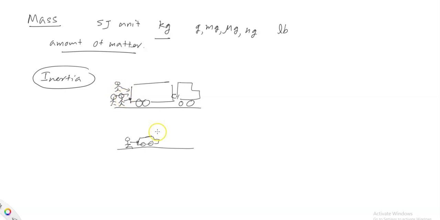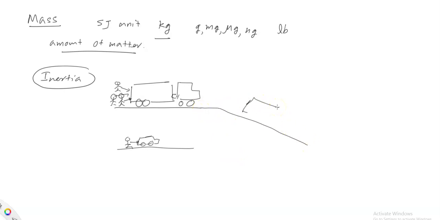All right, now inertia is the reluctance, the resistance to change the state. It means that the truck was initially at rest, it wasn't moving, so to get it to move is kind of difficult because of inertia. Now let's say somehow you manage to get this going. So now the truck is rolling down the road.